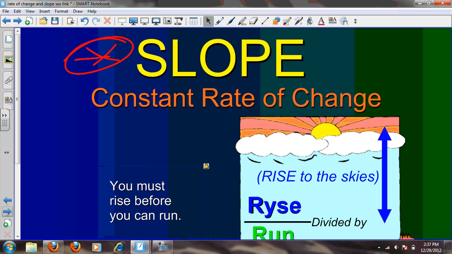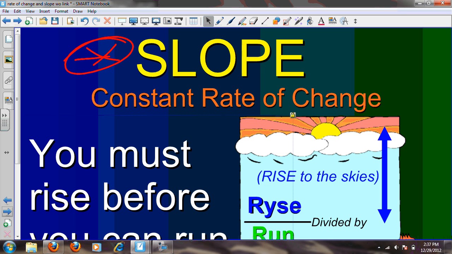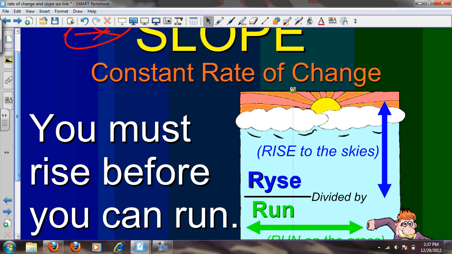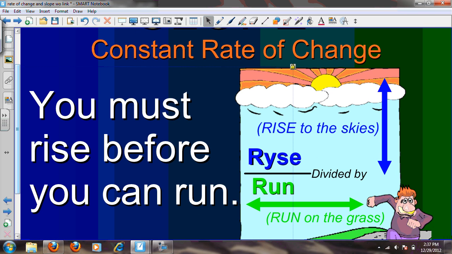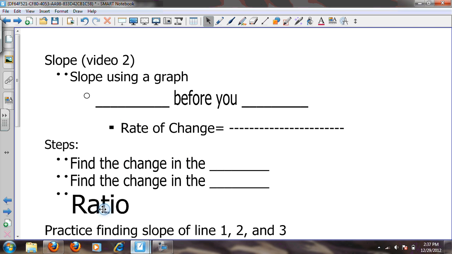You're going to hear the terms rise and run. Remember, you must rise before you can run, okay? Before you can run from your desk, you need to rise out of your seats. So when you're looking at your notes, slope using a graph, we need to fill in that we must rise, and spell rise like this, because that's going to make a difference before you run.